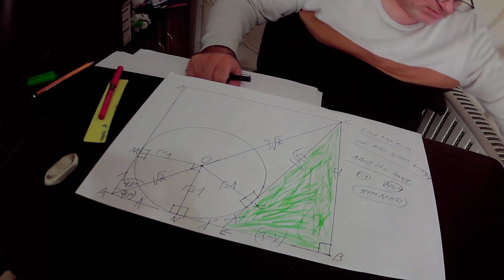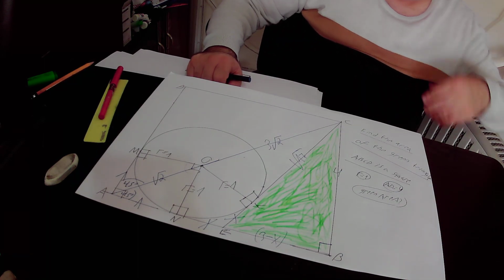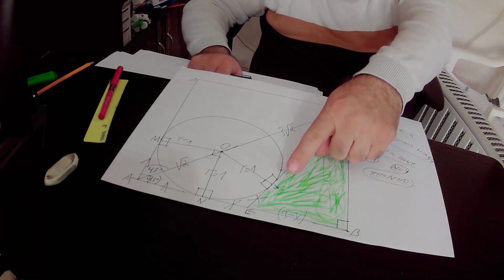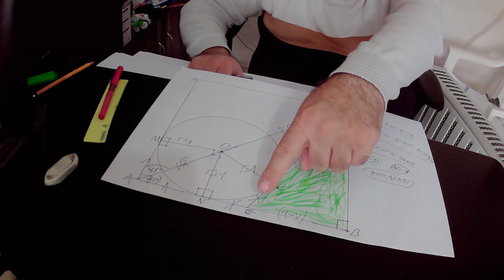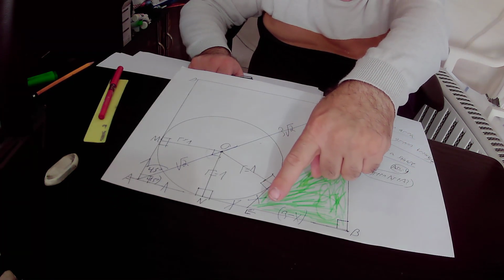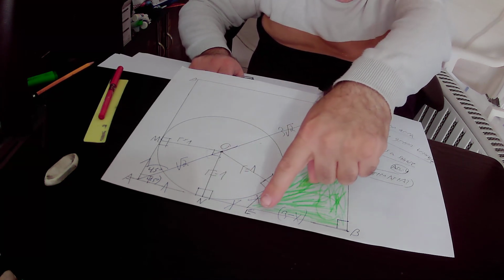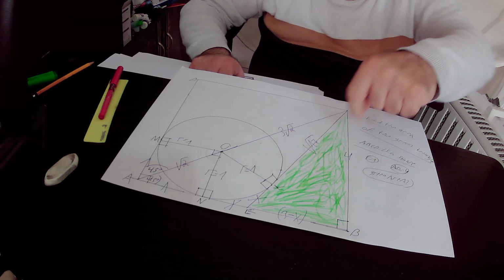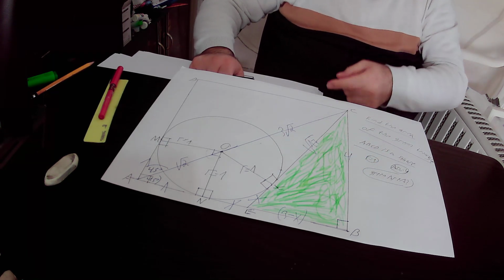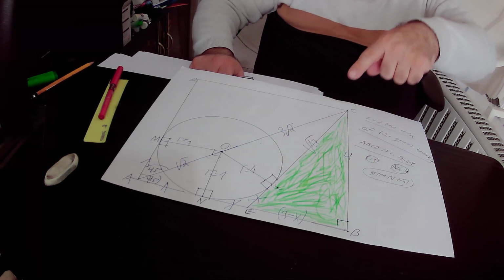We implemented rule number 8 in our drawing. In our drawing, we have the external point E, and from the external point E, we have two tangents to this circle. The first tangent is EN, and the second tangent is EK. According to rule number 8, the lengths of those two tangents are equal to each other.